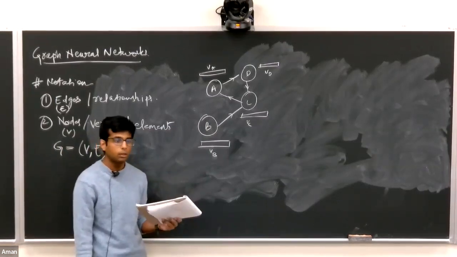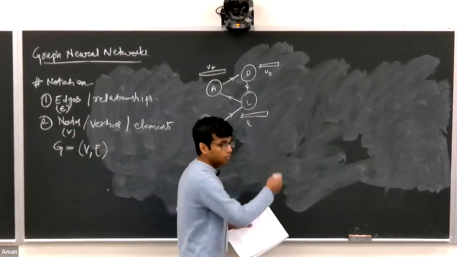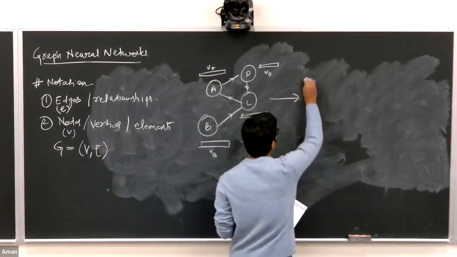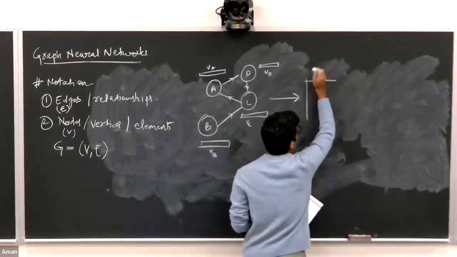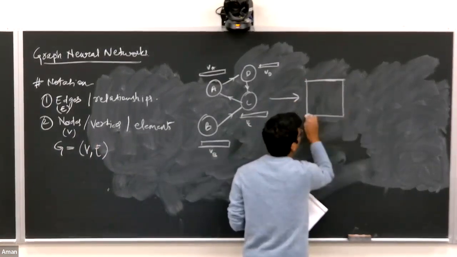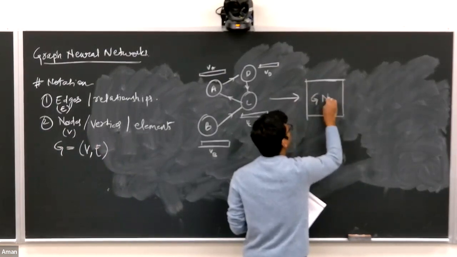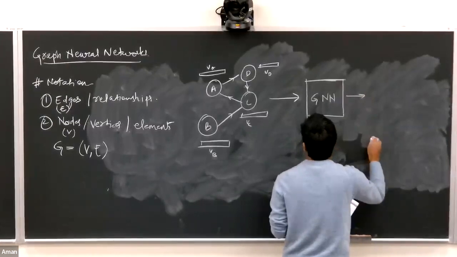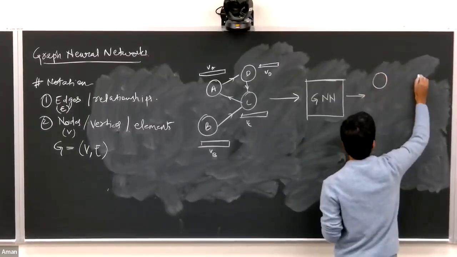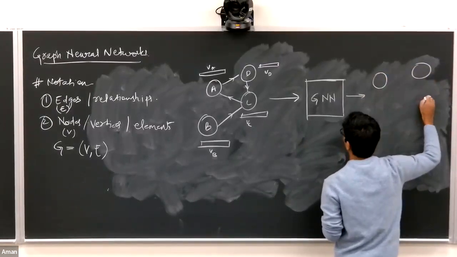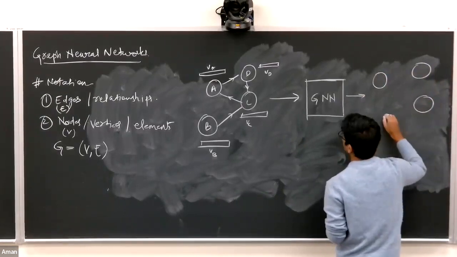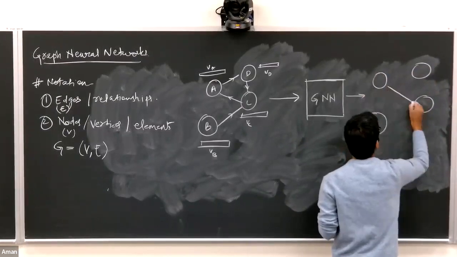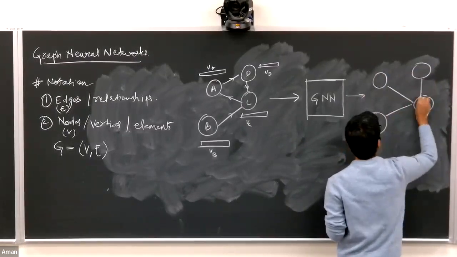Okay. Once you have a graph like this, what a GNN does is that you feed this graph into a graph neural network model, GNN, and that would give you the graph back actually. So A, B, C, D with the same edges.